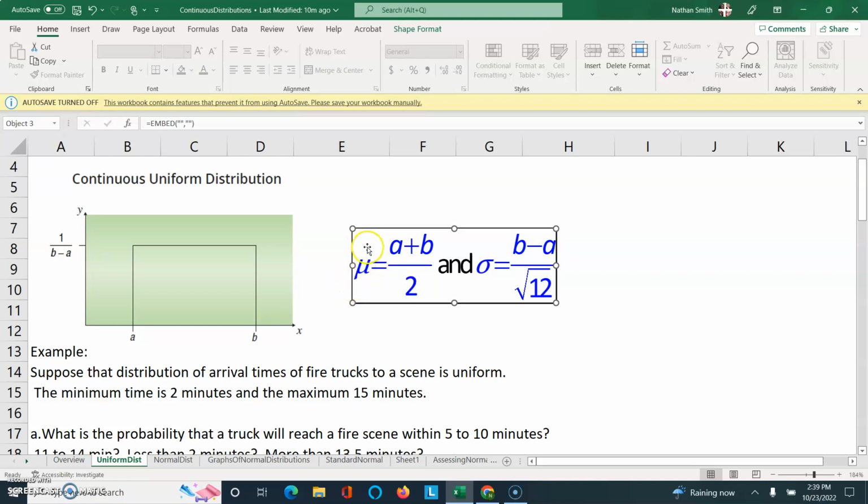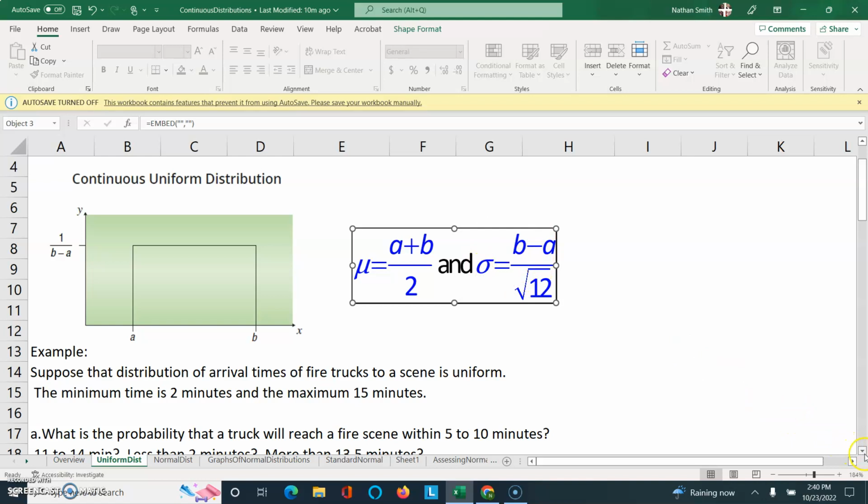This Greek letter mu on the left is the mean, and notice how it's just the midpoint of the range. And this Greek sigma on the right stands for the standard deviation, and it's got this formula that we can just use or memorize. It always takes this simple formula right here.